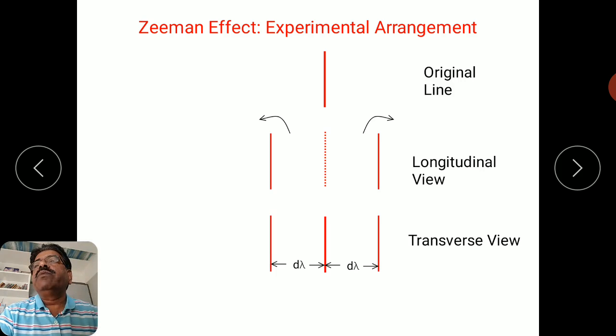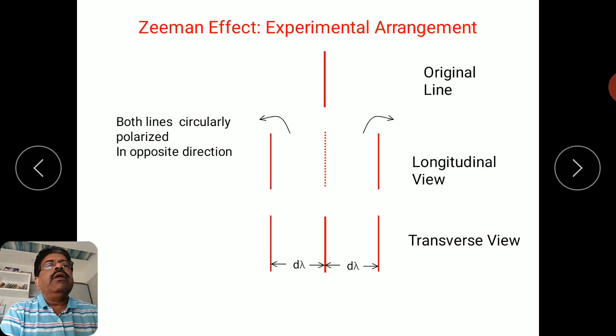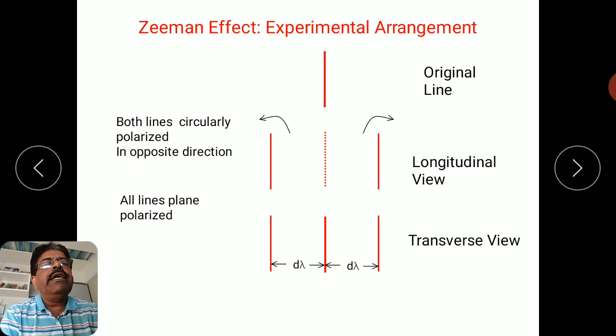All these three lines are plane polarized. That is the characteristic of the Zeeman effect when observed through the transverse view. Now, I have mentioned that in the longitudinal view both lines are circularly polarized in opposite directions, and here all these three lines are plane polarized.